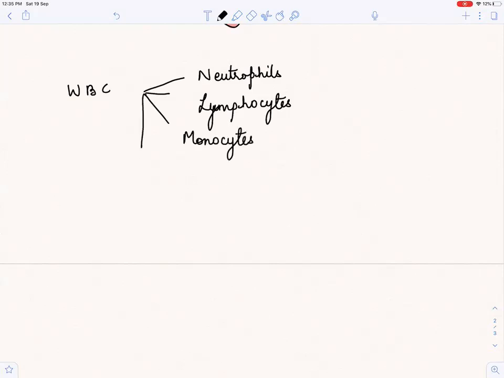So neutrophils, lymphocytes, monocytes, eosinophils, and basophils, right? Remember this.